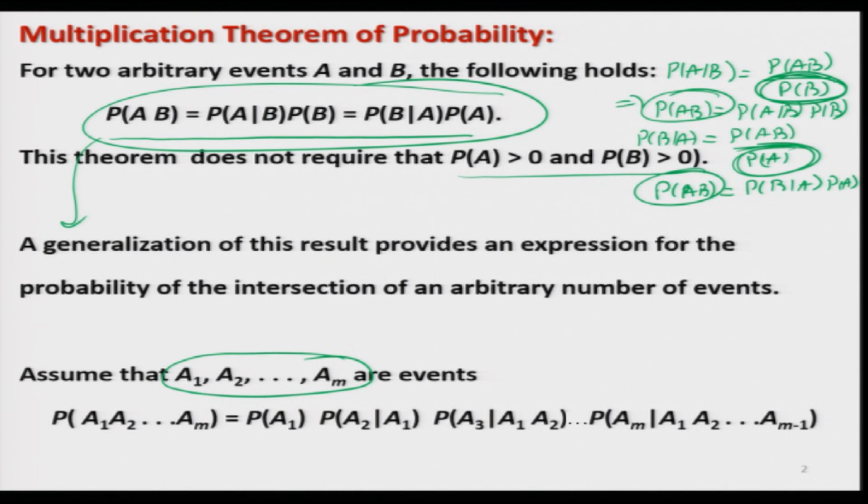Then the probability of A1 intersection A2 intersection ... Am, how can this be written in terms of conditional probabilities given different types of conditions? This can be written as probability of A1 into probability of A2 conditional on A1, probability of A3 conditional on the two events A1 and A2, and this will continue up to probability of Am given A1, A2, ..., Am minus 1.